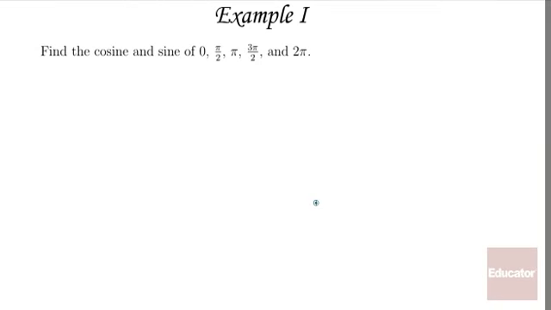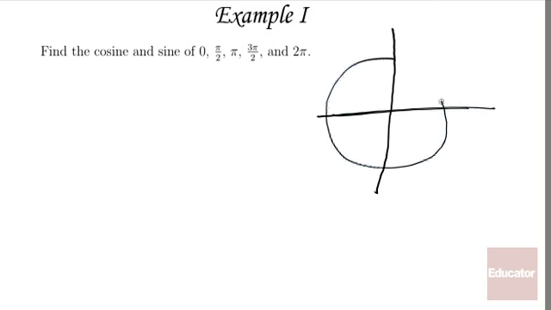But first, we're going to look at some common angles, and we're going to figure out what their cosines and sines are. So let me draw a big unit circle here. So that's a circle of radius 1. And let's remember where these angles are. 0, of course, is on the positive x-axis.